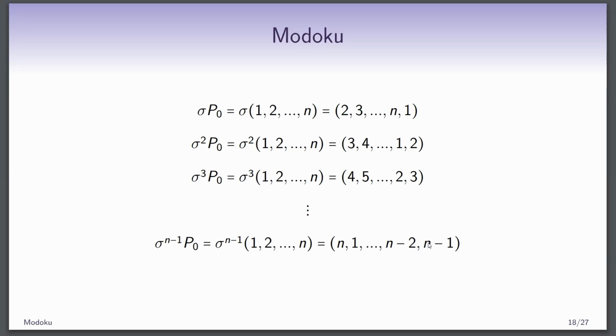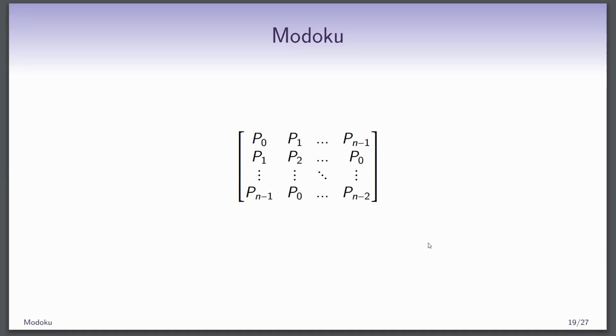In fact, we can apply sigma n minus 1 times before reaching our original list of p sub 0 equaling 1 through n. Lastly, to achieve all possible working grid combinations, we must also shift our ordered list of p sub x, like so. In the end, we should have a p sub x arranged matrix as such.